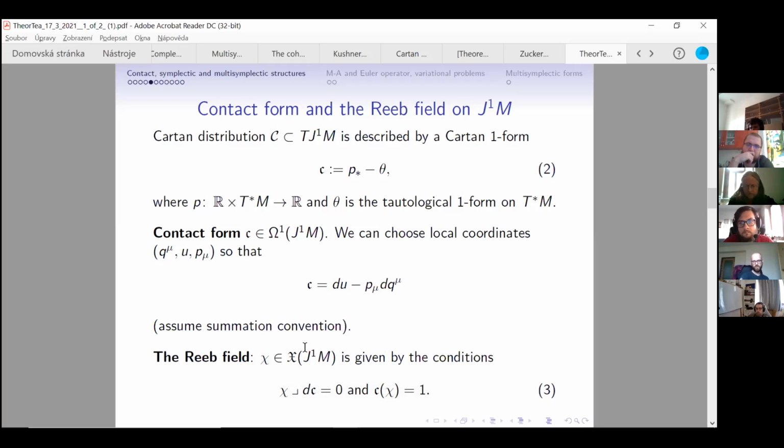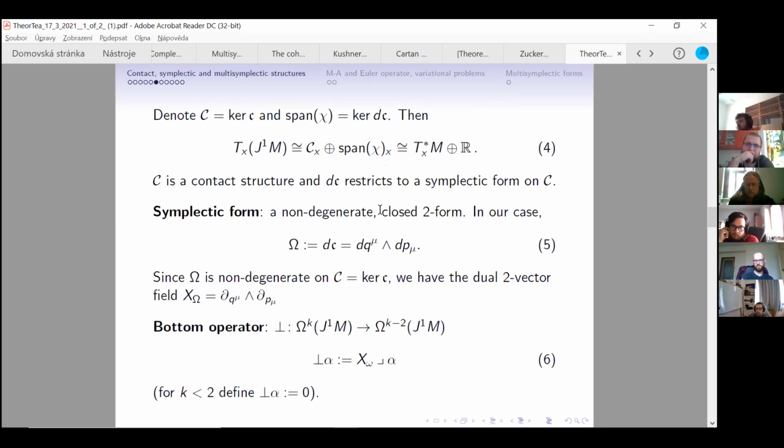So what we see here is that the whole tangent bundle of J1M splits into the kernel of C and the kernel of DC. We have this kind of splitting.